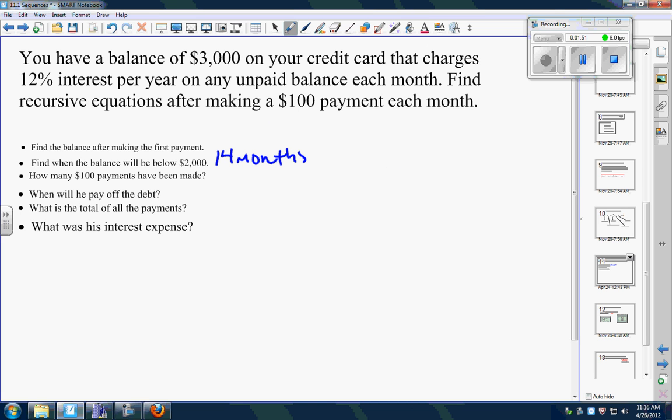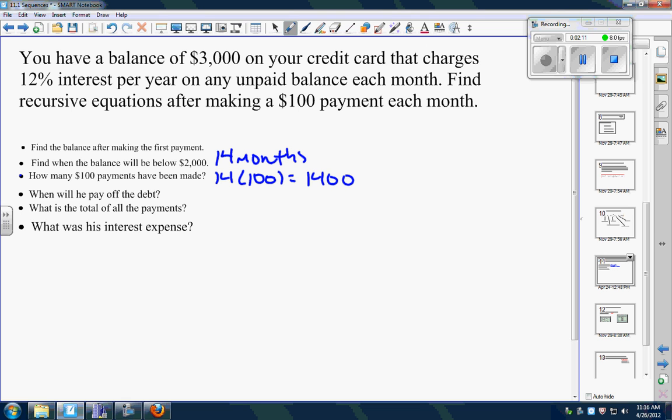All right, how many $100 payments have been made? Well, at this point, it's 14 months times the $100 payments, which is $1,400 here. So I guess that's not that great of a question, but anyway.